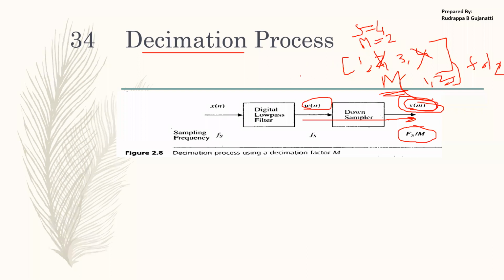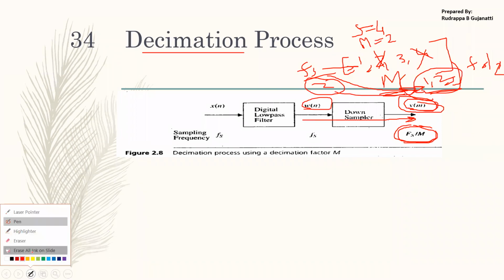If one sampling frequency gives you 4 samples, and you divide this frequency, it will reduce the number of samples to half. That is what is presented here, Fs divided by M. Only those many samples will be present. So 2 samples are present, 2 samples are removed. That is what it intends.